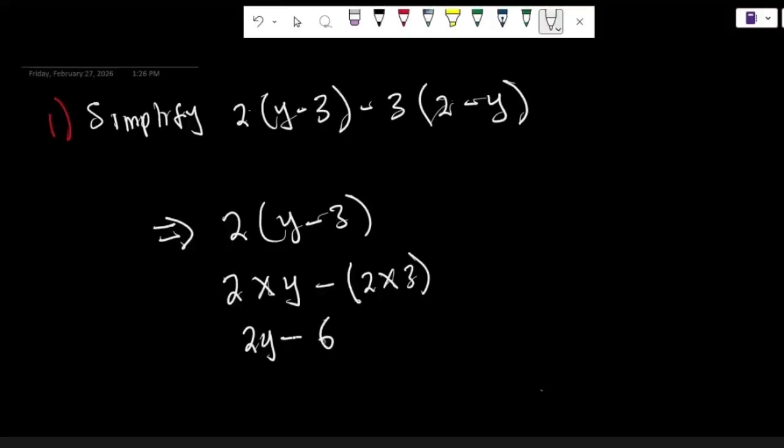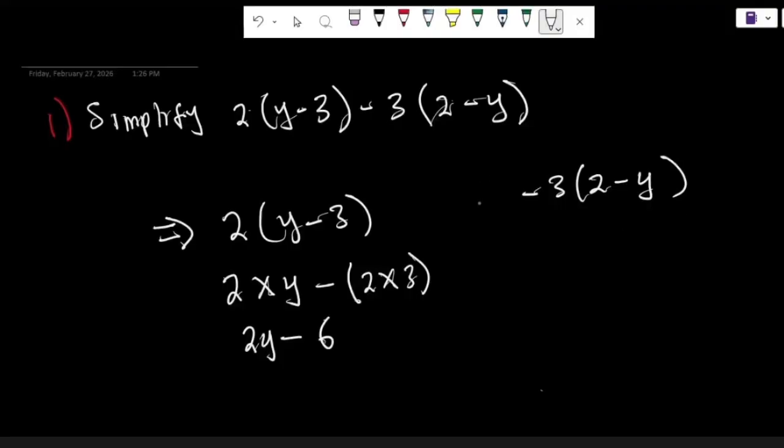Now we can also deal with the second part. When we look at the second part here, it is actually negative 3 times (2 minus y). Don't forget this particular sign because it is part of this value here, which is 3. So again, we're going to multiply this negative 3 by everything that is inside the brackets.